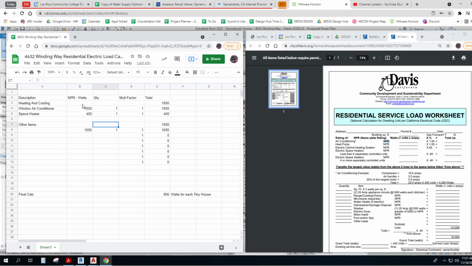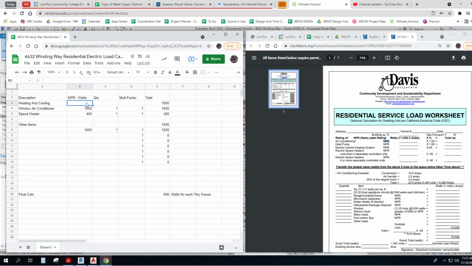Now, I don't really care if you have proper and appropriate ones, but pretty much you can go with 1,000 square foot would probably be maybe 4 kilowatts or something like that.